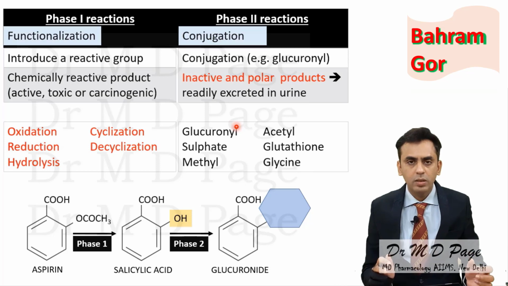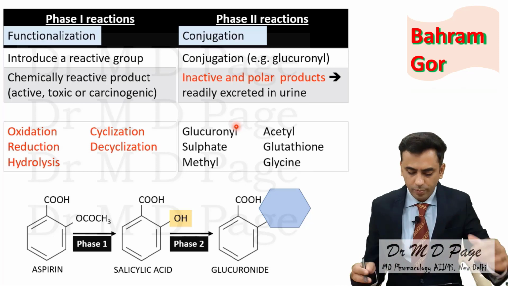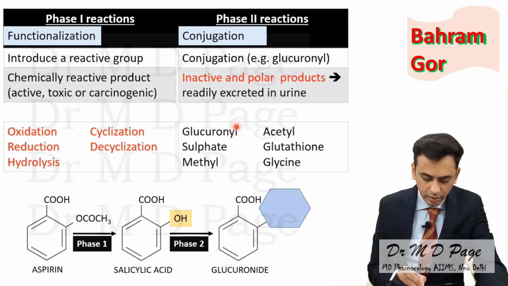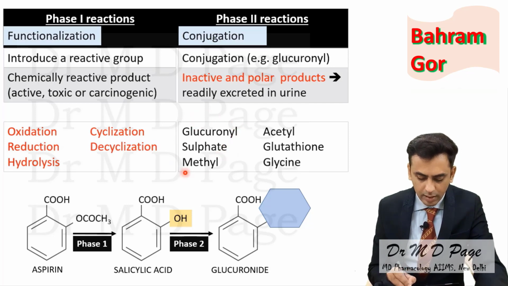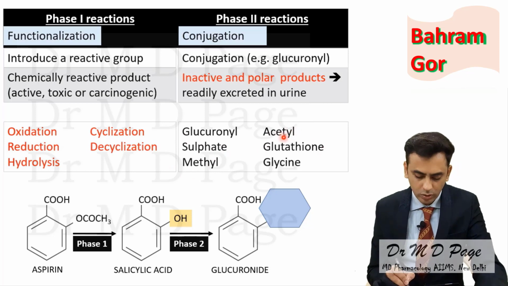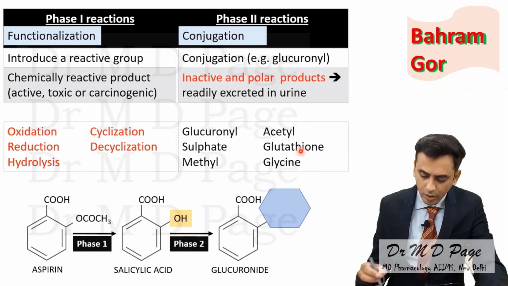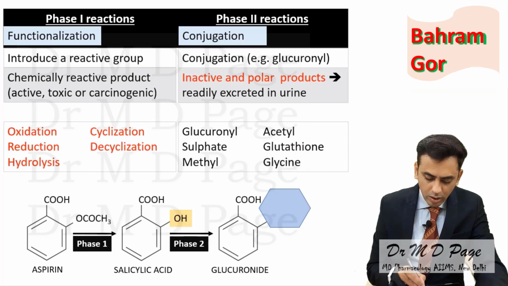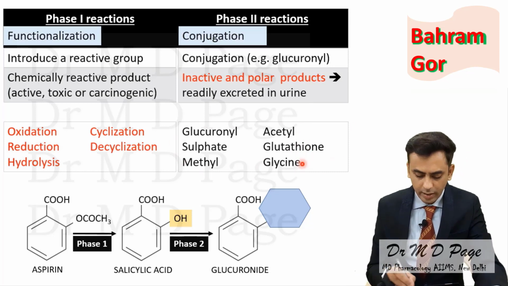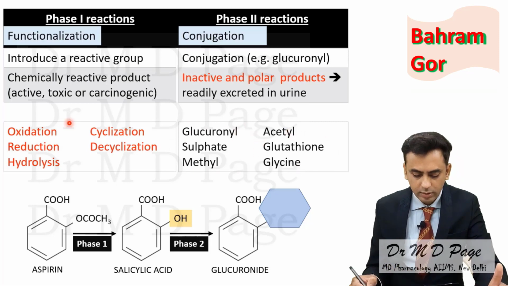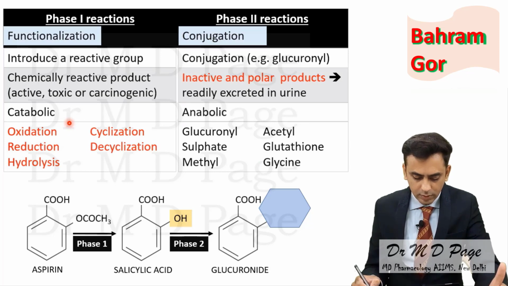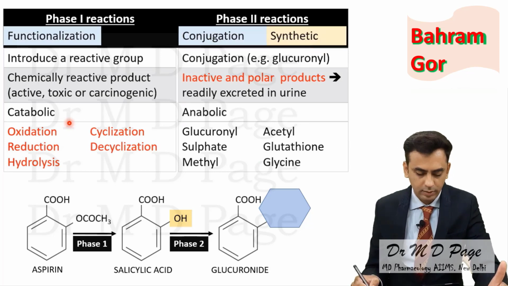Whereas in conjugation you are adding a bigger molecule, for example glucuronyl, sulfation, methylation, acetylation, glutathione conjugation or glycine conjugation. Because you are adding a product and synthesizing a new, stable thing, phase 2 reactions are known as synthetic reactions.